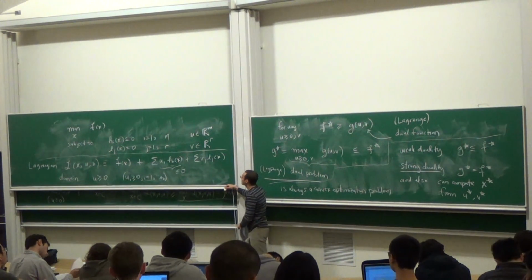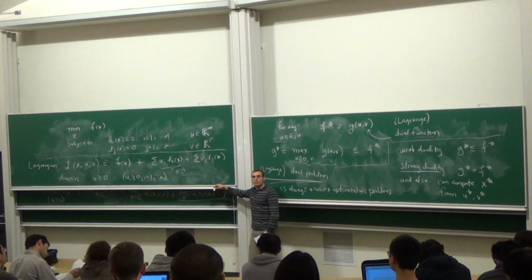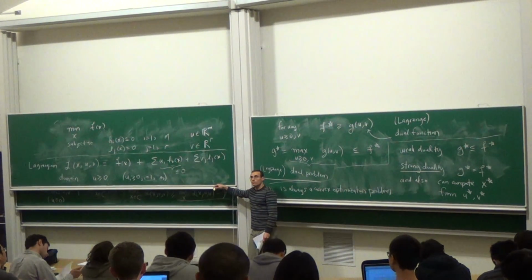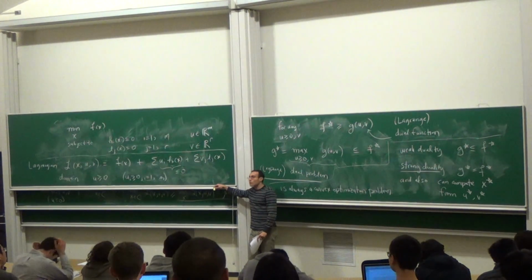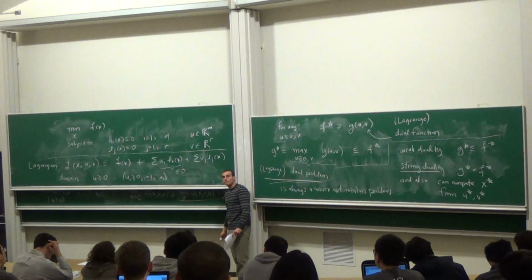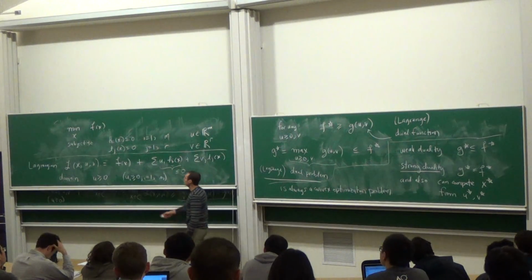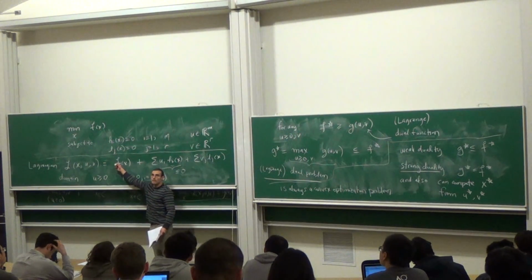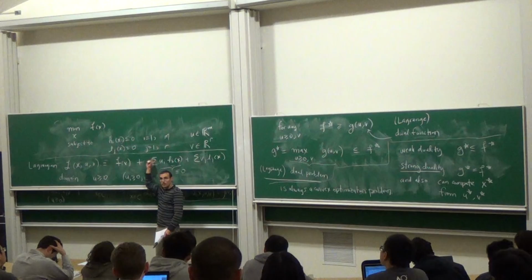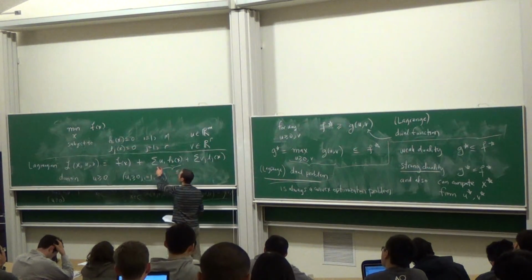Let's look at this as a function of u and v. The dual function is what I get when I minimize this over all x. So I'm going to write that as the negative of the maximum over x of minus f of x, minus this, minus that.